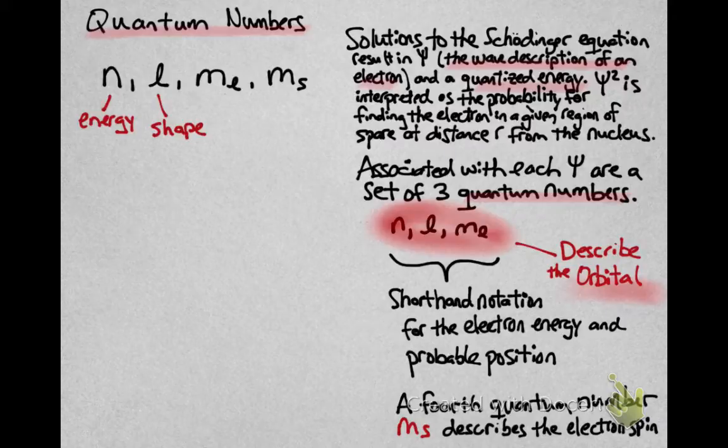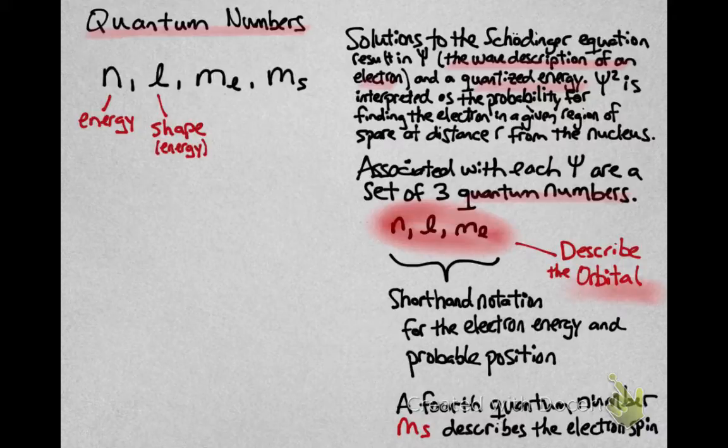l, which is technically called the azimuthal quantum number, which is a mouthful, so generally everyone just says the shape quantum number, and it describes the shape of the probability density where the electron will be found.